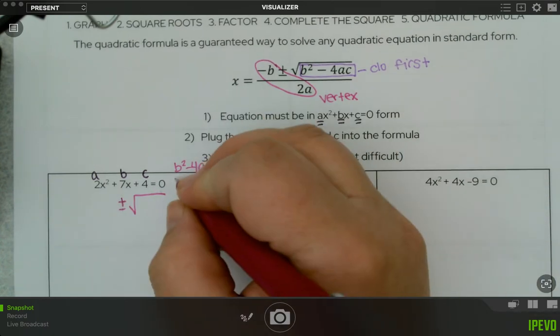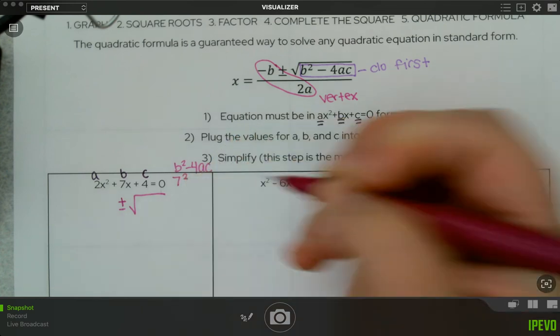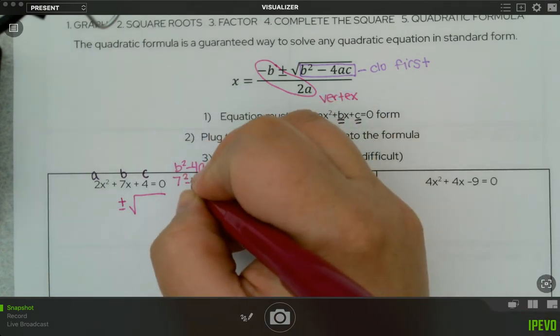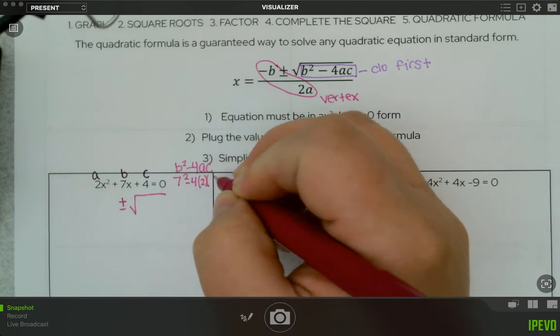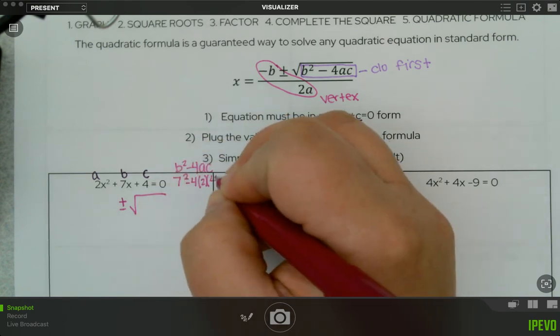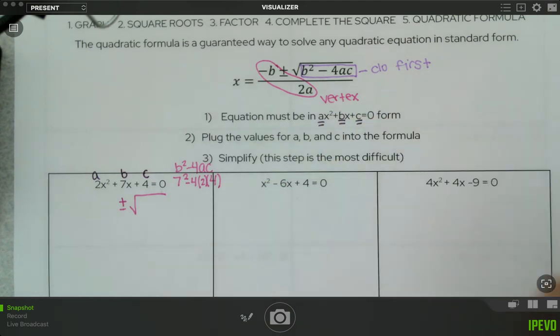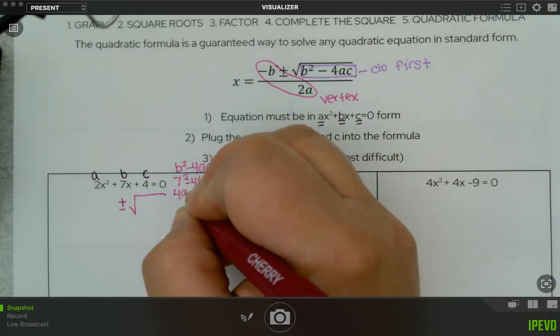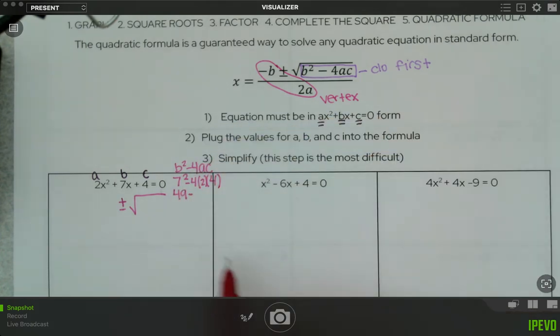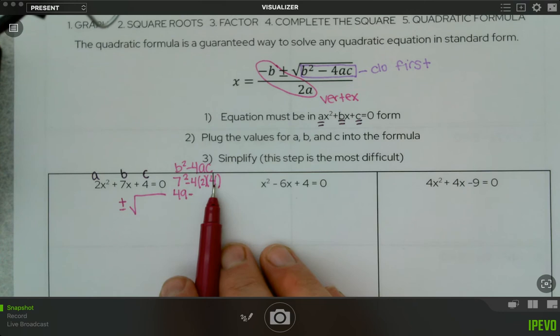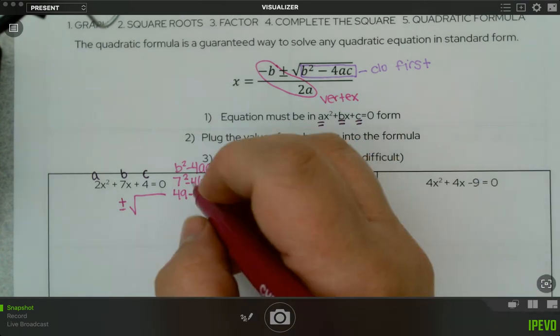So b is 7. So I need to do 7 squared minus 4 times 2 times 4. Okay. 7 squared is 49. And over here, minus 4 times 4 is 16. 16 times 2 is 32.